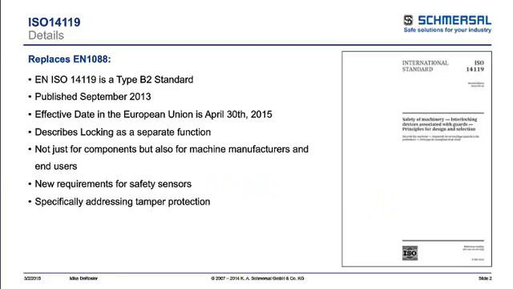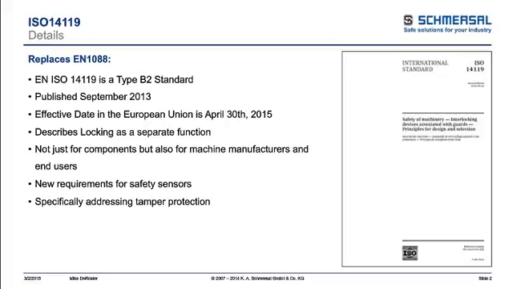So in doing that, the ISO 14119 is a Type B2 standard, which is not specific to a machine group as you would see in a Type C standard, but it is specific to a group in regards to what you're doing for guard door interlocks on machinery. The predecessing standard was EN 1088, which has been around for quite some time, but things have changed over the years.